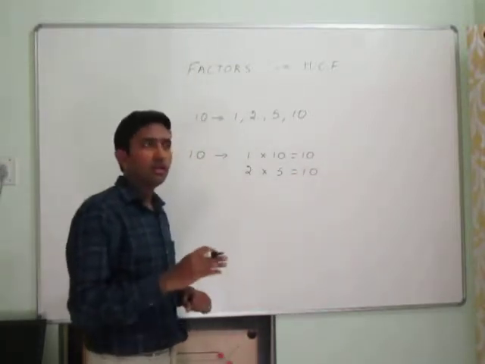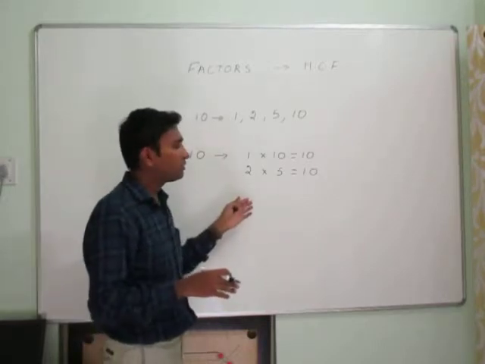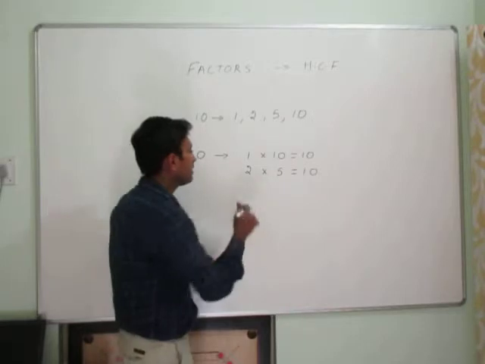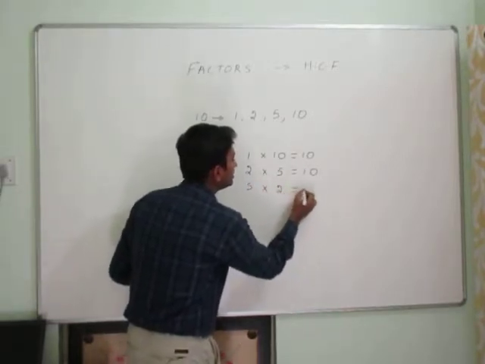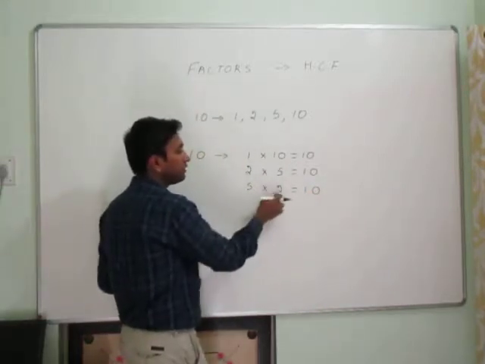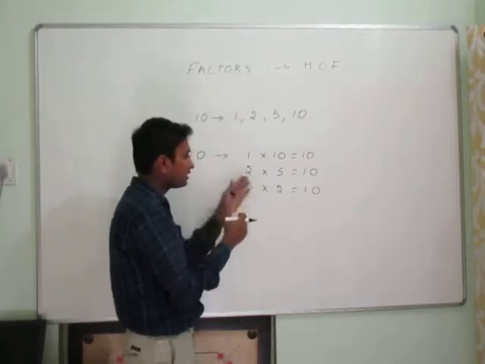Next, 3 twos are 6, 3 threes are 9, 3 fours are 12. No. 4 ones are 4, 4 twos are 8, 4 threes are 12. No. 5 twos are 10. Okay. So this is 2 into 5 or 5 into 2, both mean the same thing.